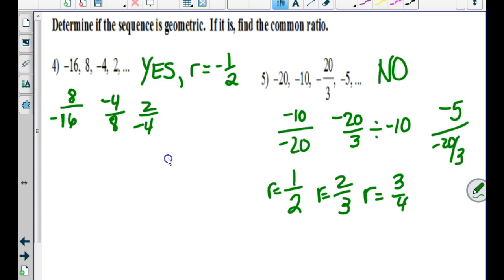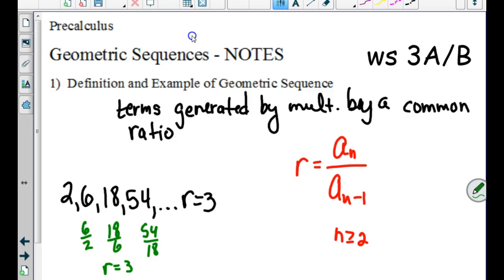To find the ratio, yes. If you're trying to determine if it's geometric, Kayvon, this is where I tried to write it, but I should write it in words. You take any term and you divide it by the previous term to get the ratio. That help? Yeah. Because I just wrote the symbols and forgot you weren't here.